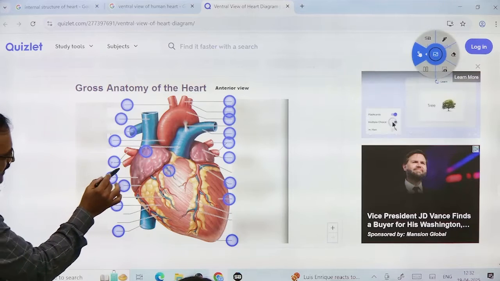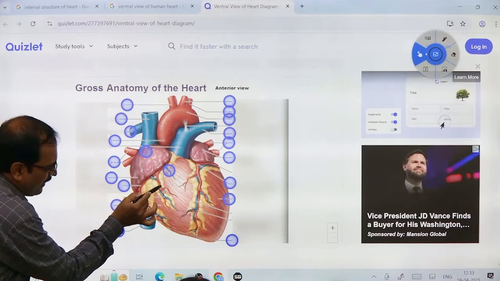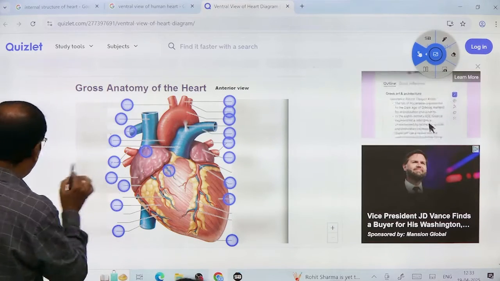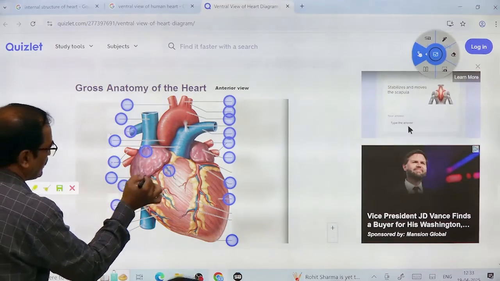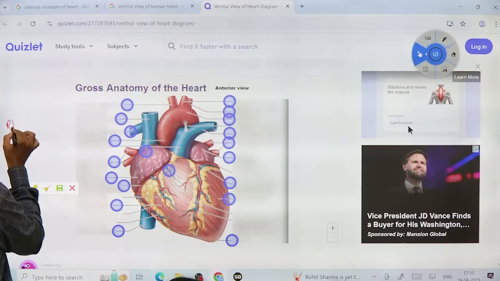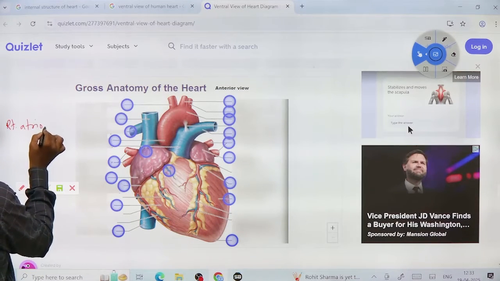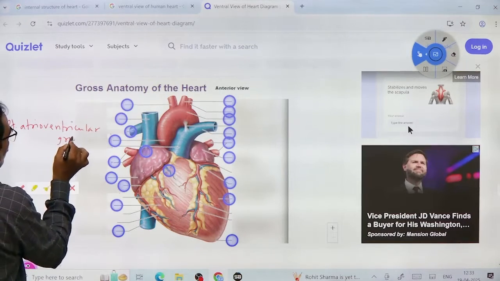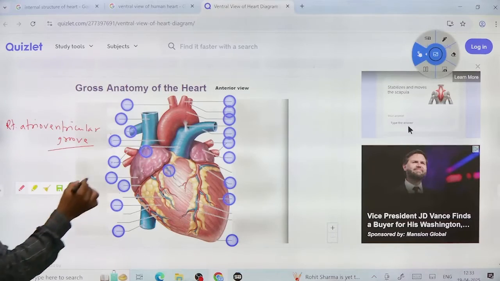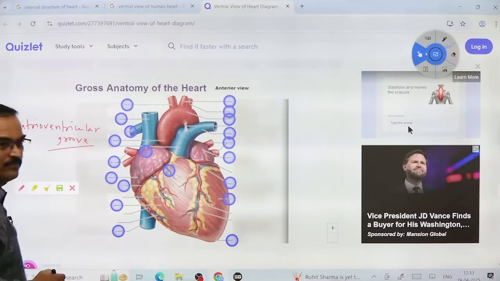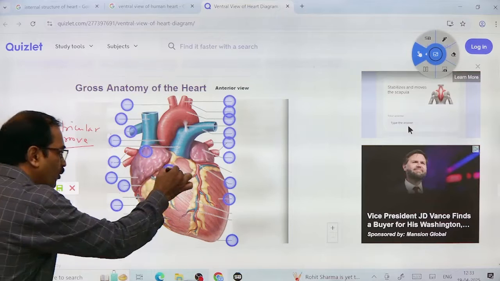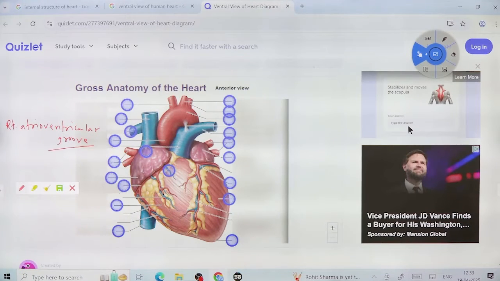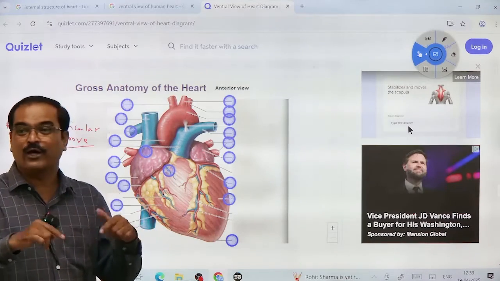Now see carefully. In between the right atrium and right ventricle there is a notch. Are you getting it? This notch is called the right atrioventricular groove. Groove means notch. What will be the name of this notch? Interventricular groove.